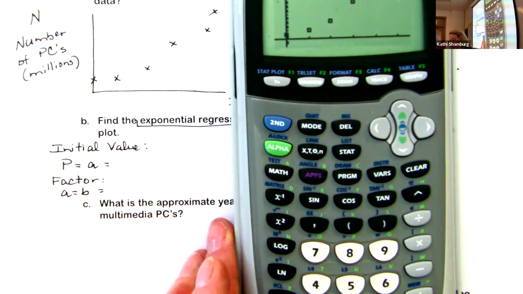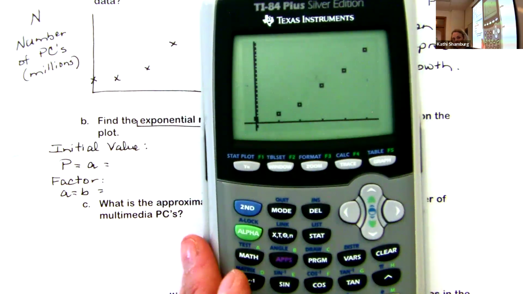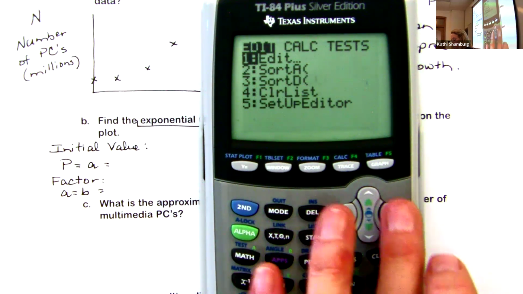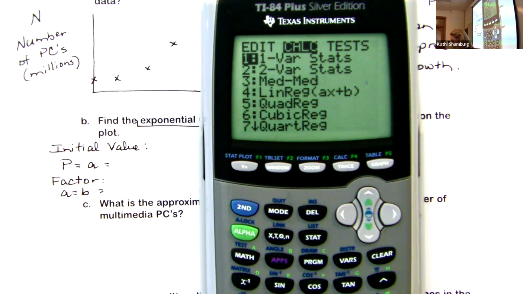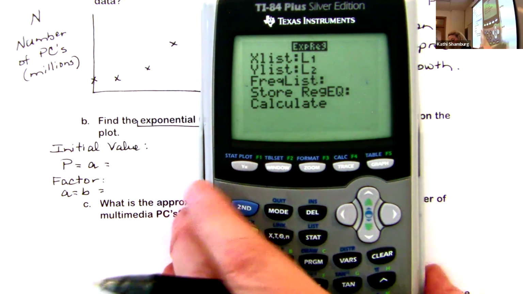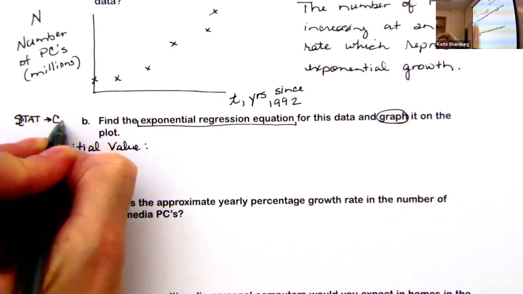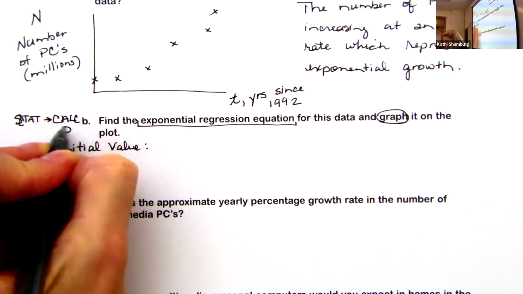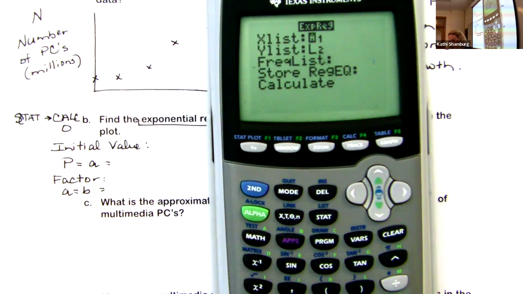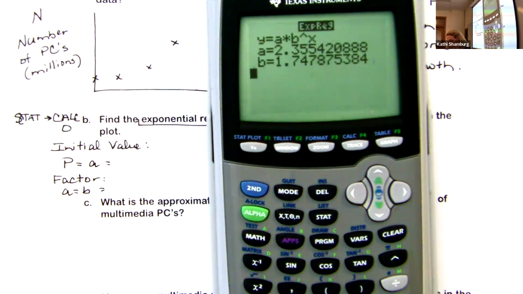So stat calc 0, and then hit all the enters. It appears my initial value, which is always the first number, going 3 decimal places, is 2.355.